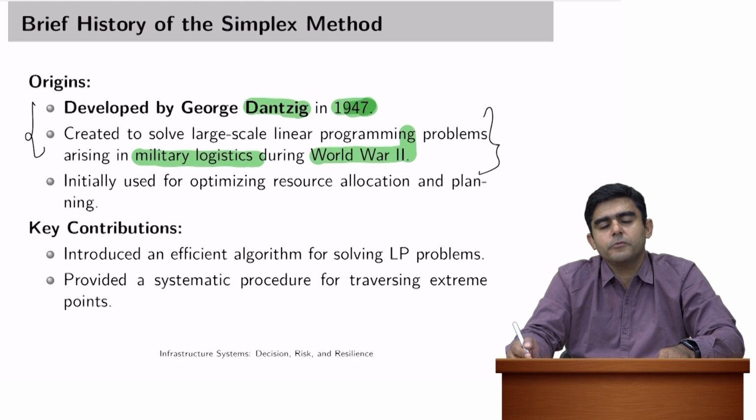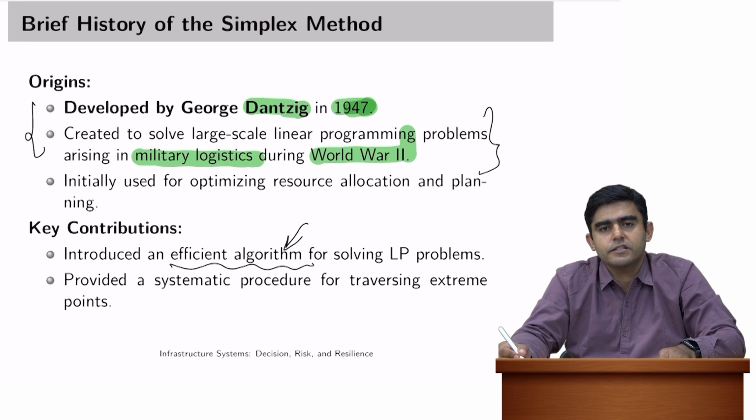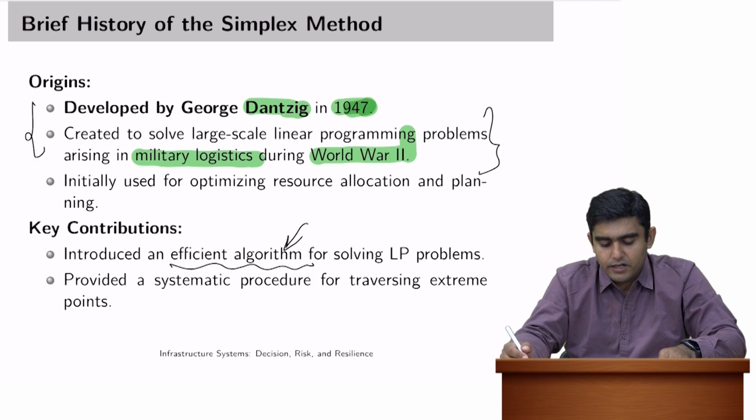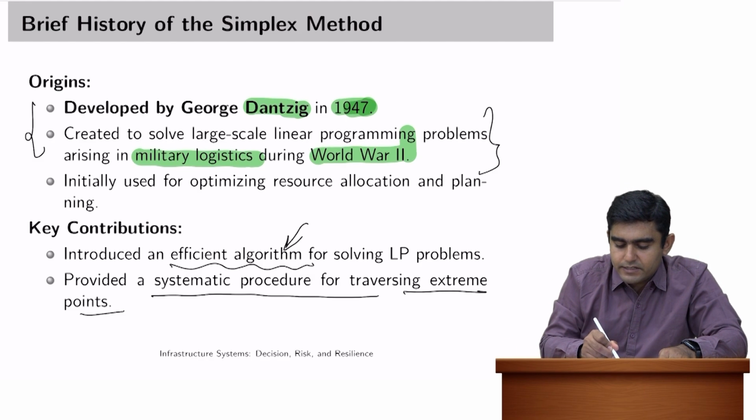And the key contribution of this particular method was that it's a very efficient algorithm, and we'll learn the reasons behind its efficiency and how it actually works. And it also provides a systematic procedure for traversing the extreme points.